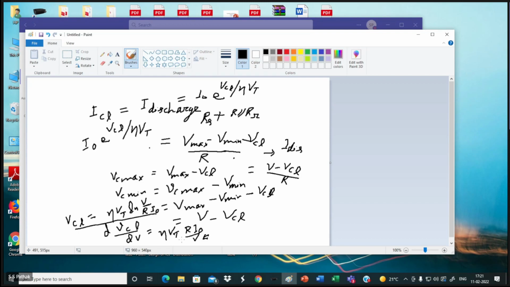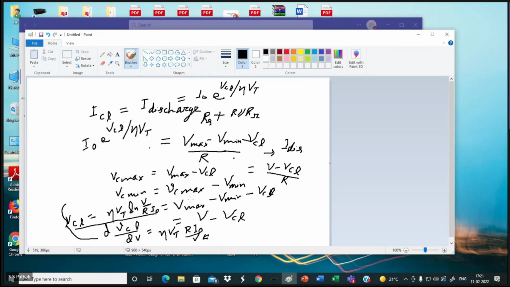If V is larger, VCL is larger, but the relative change with respect to that V will be smaller. This is the beauty of the diode characteristic consideration in this circuit analysis. Okay, and that's why we try to increase this V.